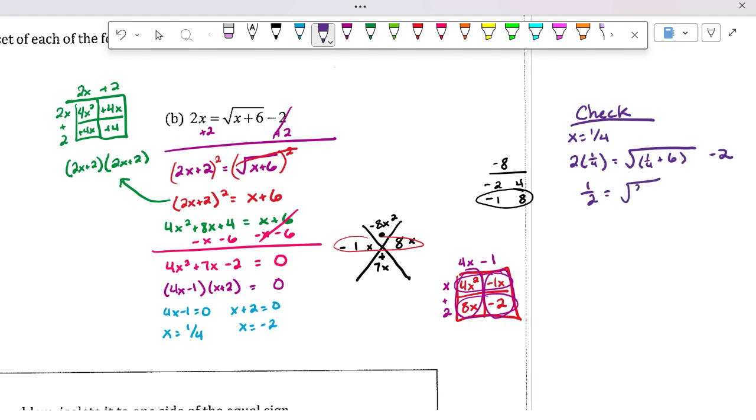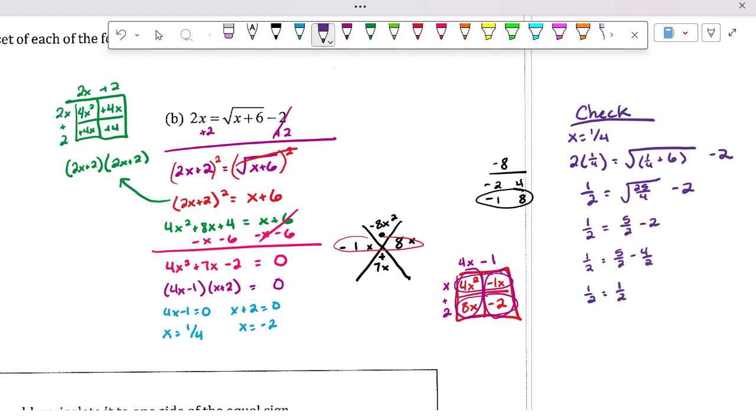So the square root of 25/4 minus 2. You can just put that straight into your calculator. That would be 5/2 minus 2. So 2 is 4/2. So I have 1/2 is equal to 5/2 minus 4/2. So 1/2 is equal to 1/2.